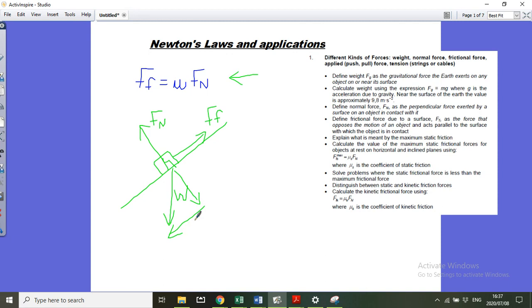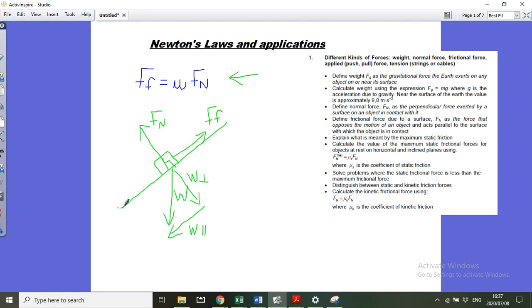And this component here is always going to be weight perpendicular, because it's perpendicular to the surface. And this will be the parallel component of your weight. But for the normal force, we're only interested in the perpendicular one.